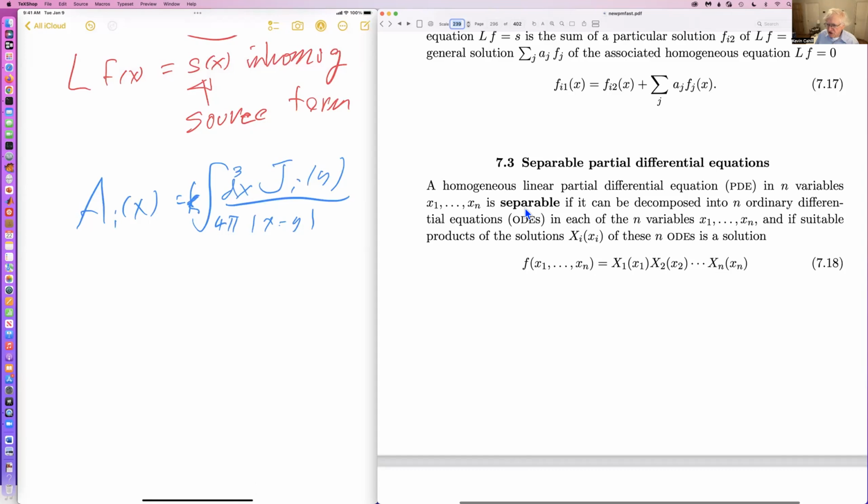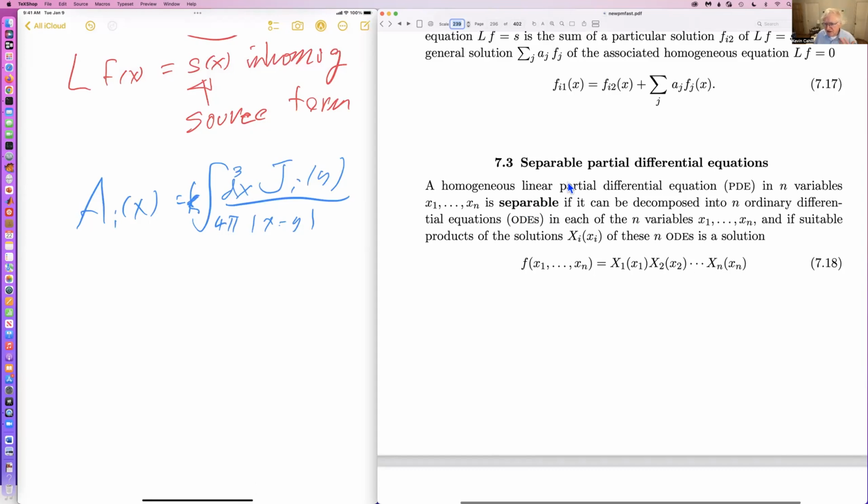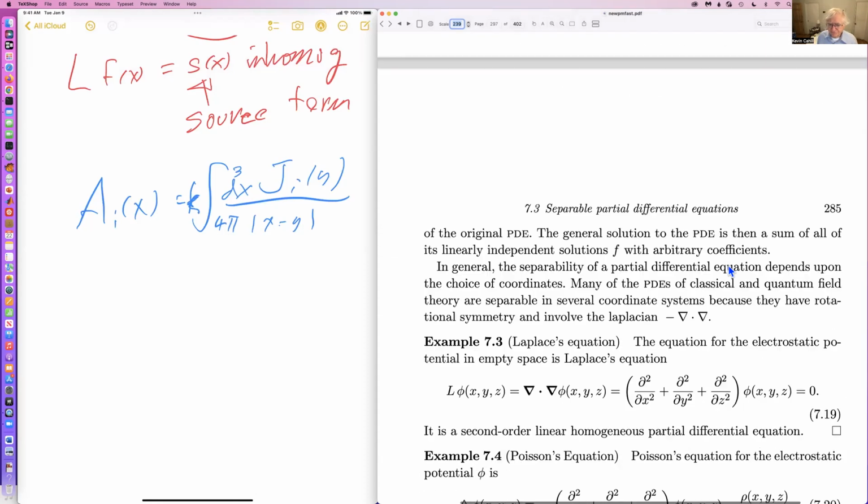So in the homogeneous case, we say the linear partial differential equation is separable if you can decompose it into ordinary differential equations, and if you can write the solutions as a product of a function of one variable, another function of the second variable, and if you have n variables, then an nth function of the nth variable.